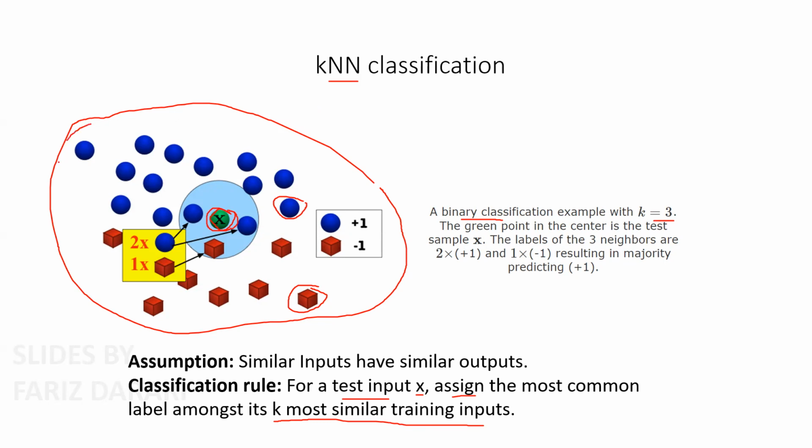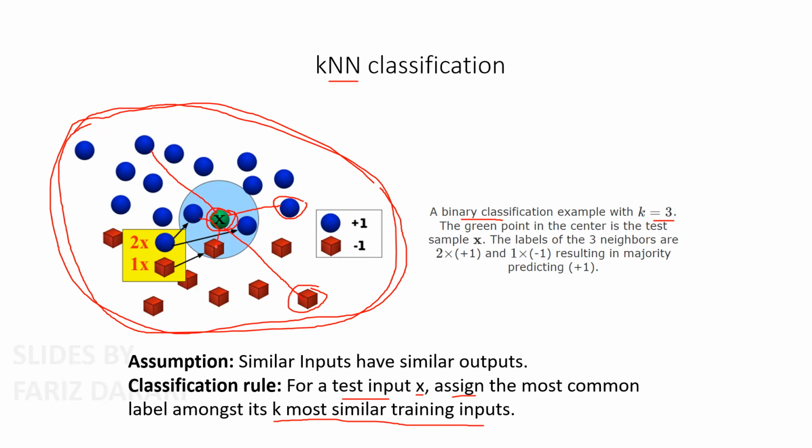If you look at this data set, which are the 3 nearest neighbors? We need to compute the distance of x to all the data points. So for example, the distance between x and this, and between x and this, and so on, right?